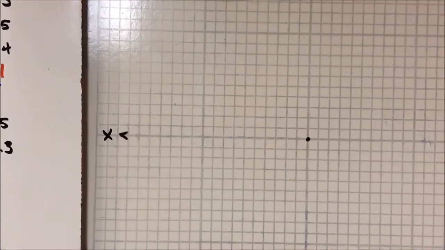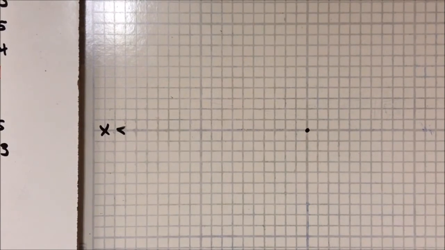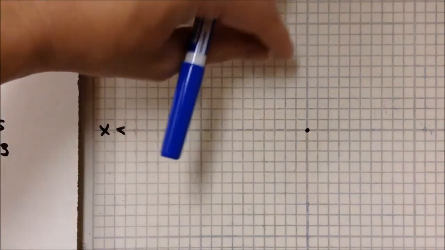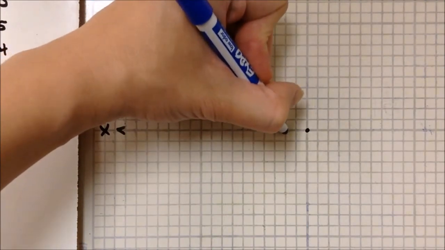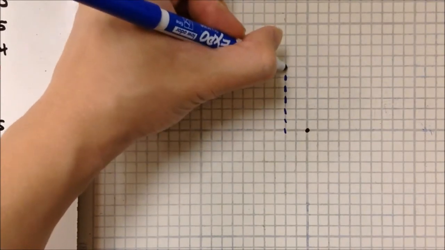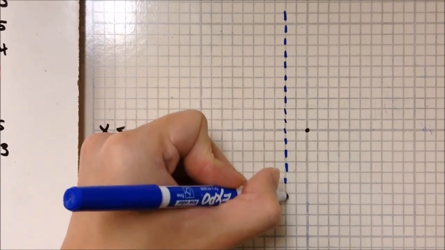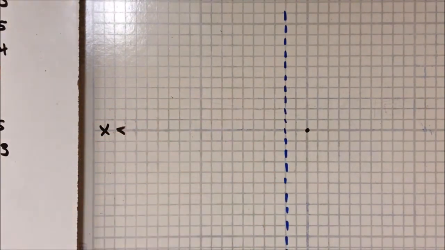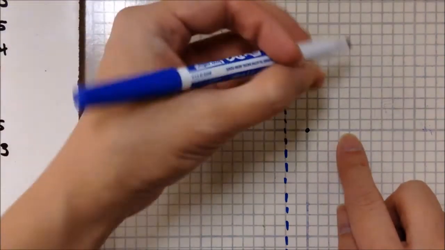So let's zoom in a bit. So again, we had one vertical asymptote at -2. So -1, -2. So I'm going to mark that as our vertical asymptote. And then we had another one at 4. So 1, 2, 3, 4. So right here.